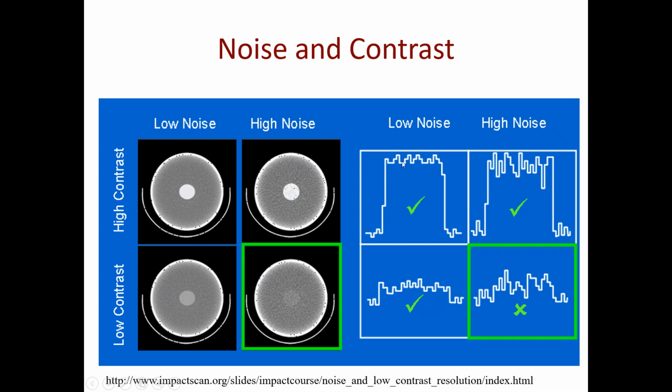Even if I have higher noise, as long as I have good high contrast, I will technically be able to recover from this as well and still distinguish this object from this background just fine. However, if I have low contrast with low noise, I'll be able to recover, but with high noise, its amplitude will simply swallow the contrast, and I won't be able to get a good image.